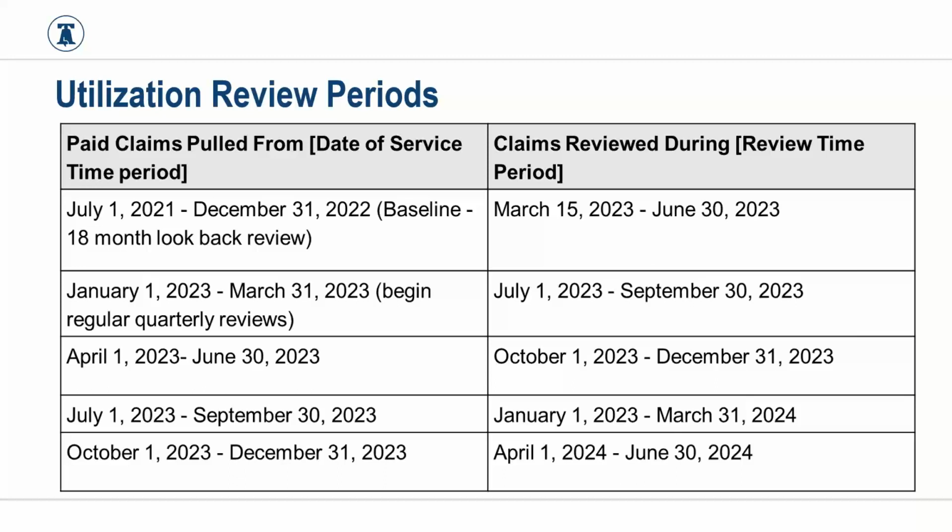So we just wanted to take a moment to walk through the review period so everybody is clear on the review period and then the dates of service for the paid claims that will be pulled for each of the upcoming review periods.